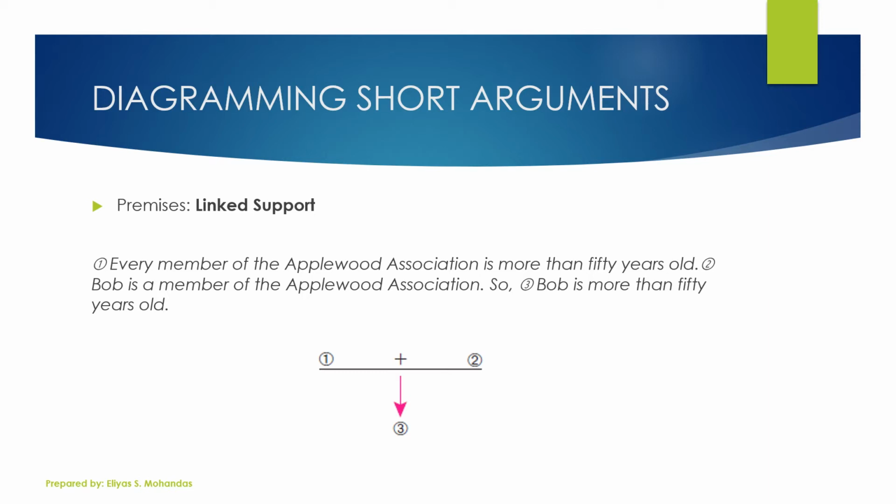You can see that there is a connection between statement number 1 and statement number 2. So when the premises are linked together, they are considered as linked support. We can add an additional symbol in order to show that the first premise and the second premise are linked or interconnected, and therefore both premises are supporting the conclusion.